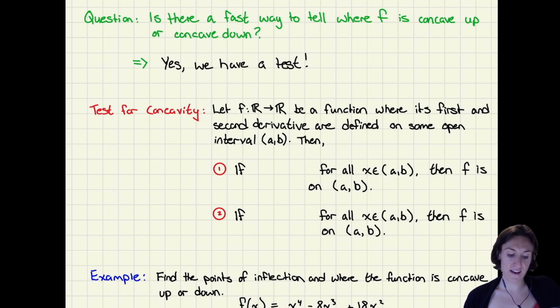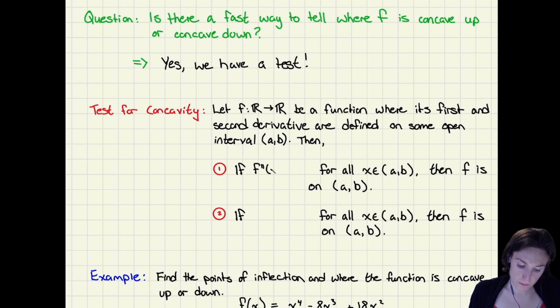So test for concavity. Let's say we have a function whose first and second derivatives are defined on some interval, so we don't have discontinuities, anything like that. If the second derivative, f double prime of x, is greater than 0 on this interval AB, then f is going to be concave up.